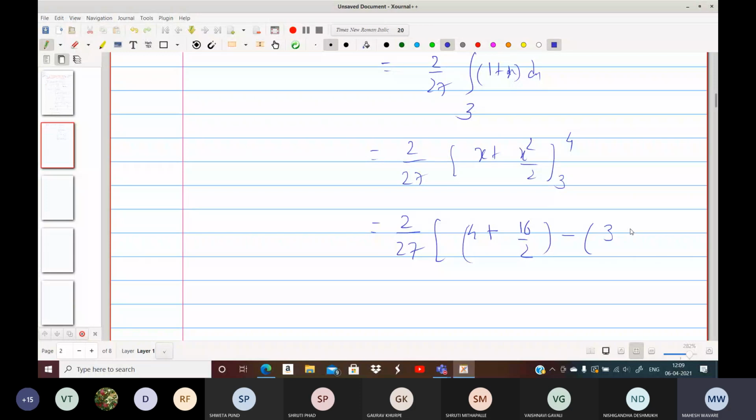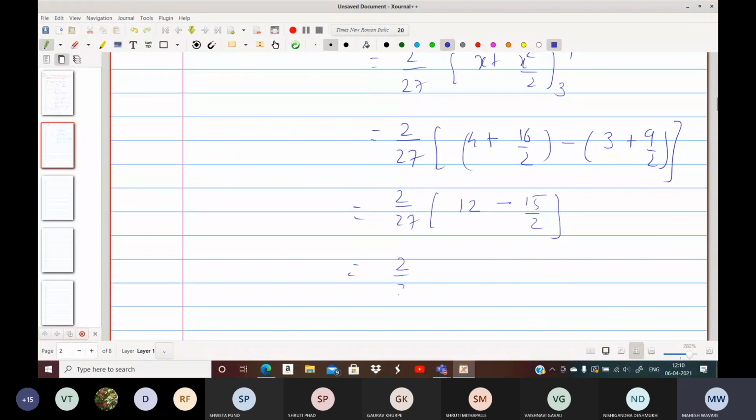And write the answer. 2 upon 27, 4 plus 8, 12, minus 3 into 2, 6, 6 plus 9, 15 by 2. So what are the calculations? 2 upon 27 and 24 minus 15 is 9 upon 2. So it becomes 1 by 3.